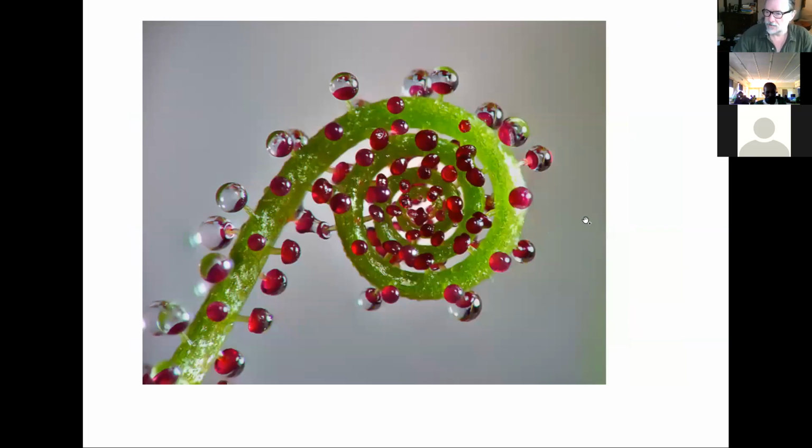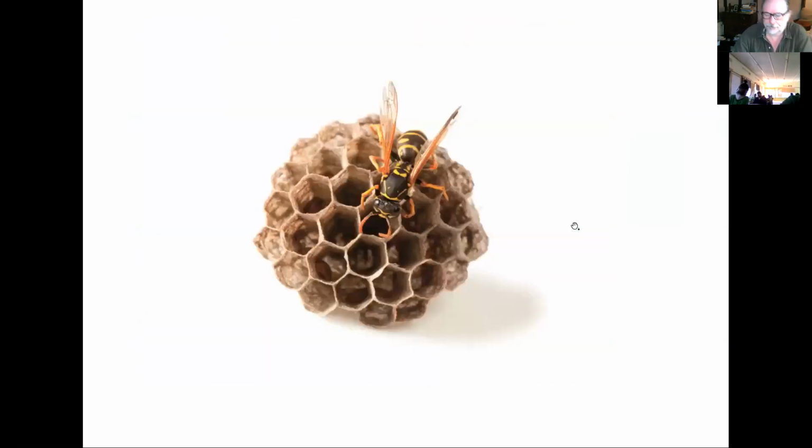This is a sundew leaf. This is a plant unfolding, and these little drops are sticky, and if a fly or insect lands on there, it gets stuck and the plant eats it, digests it. But again, just like the tail of the chameleon, it curls in on itself. It's a perfect spiral.